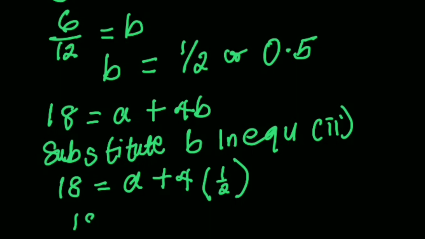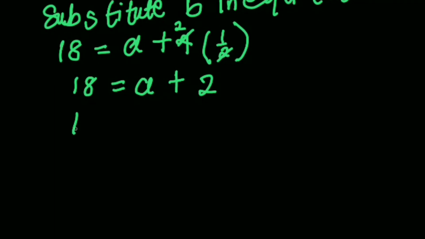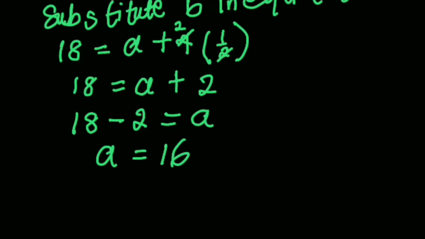So this is 18 equals A plus 2. Here 1 over 2 times 4, that's 2. We take this plus 2 to the left hand side, it becomes minus 2, so 18 minus 2 equals A, and A equals 16.